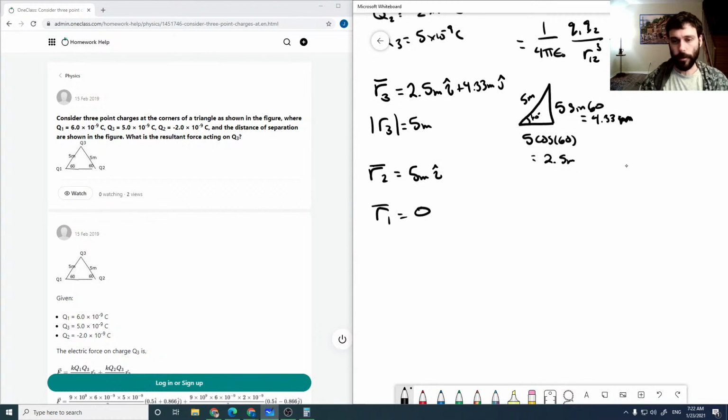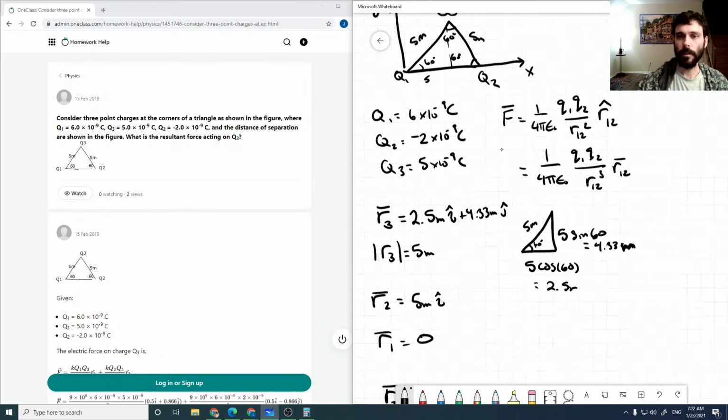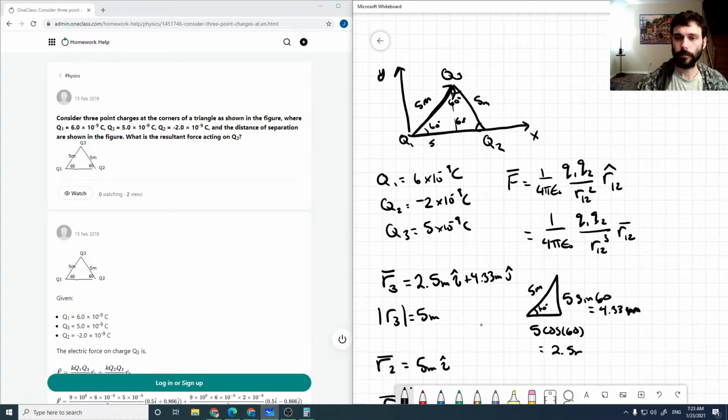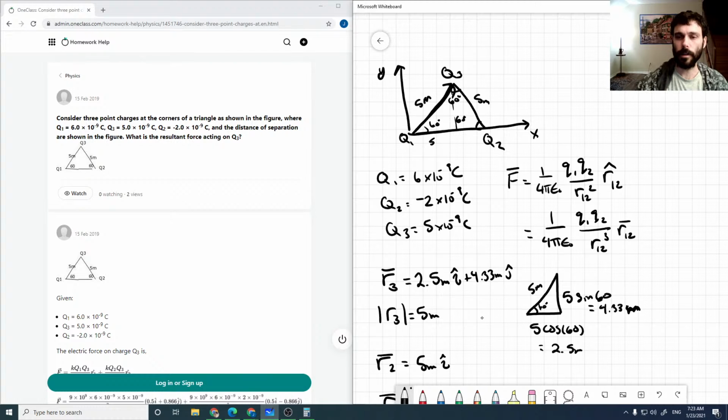So now our R31 vector is just R3 minus R1, and this points in the direction of Q3 from Q1. So this is the force on Q3.